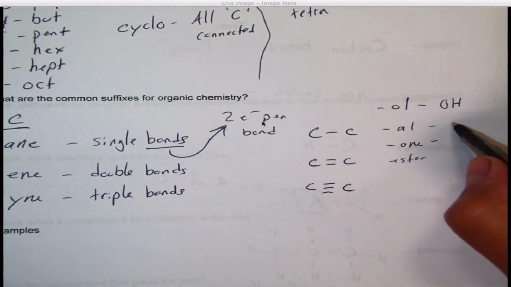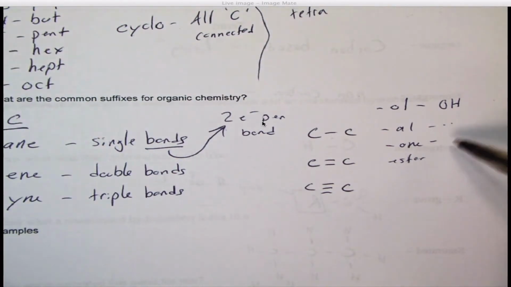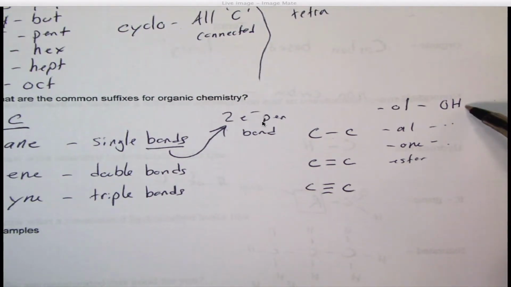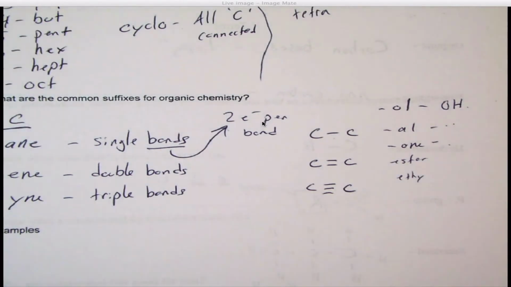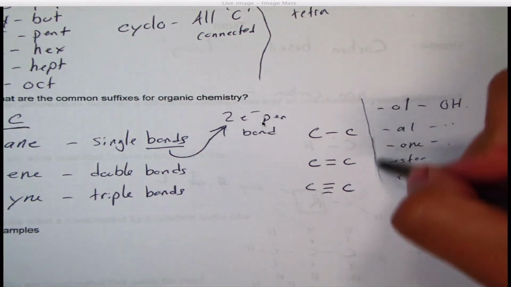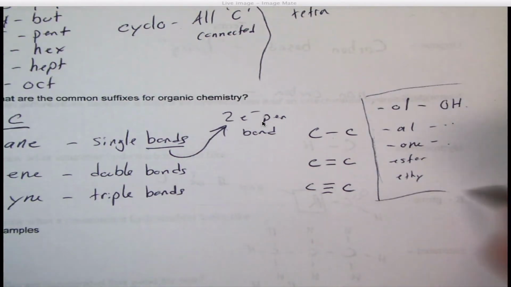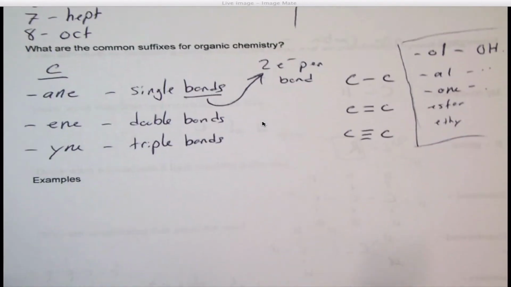So this means you have a carboxylic acid group. This means you have a ketone. This means you have an alcohol in there somewhere. And then you're going to have ethers, methyl ether, things like that. So there's going to be other things that we're going to run into, but not at the beginning. This is going to be more at the end, which will hopefully make sense as we get into those ones. So some simple examples that we can do.